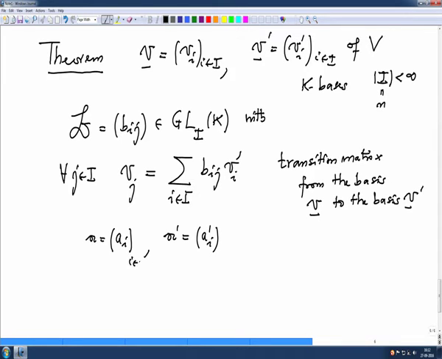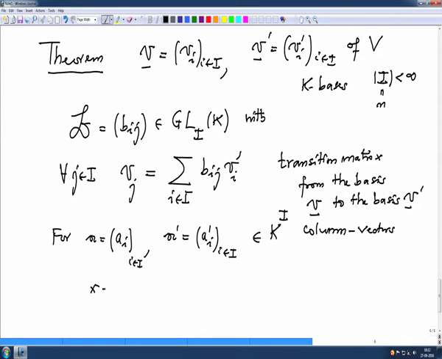This is a column vector. Think of this as in K to the power I, column vectors. For the column vectors, let us look at the vector x. See, these are the coordinate tuples.